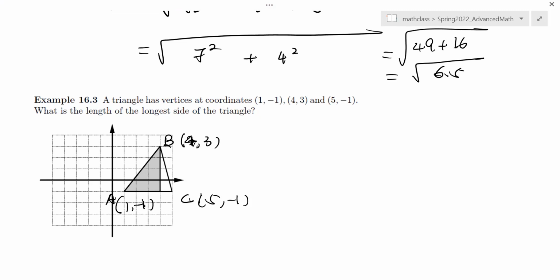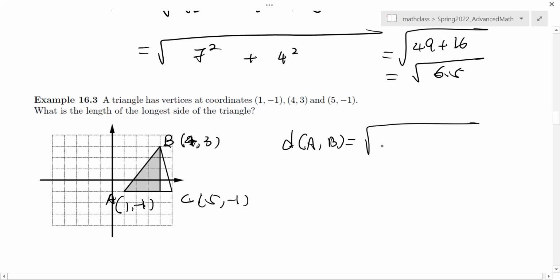If you draw the picture correctly, then you can quickly see that the distance between A and B is the longest one. The distance between A and B is the square root of the difference of the x coordinates squared plus the difference of the y coordinates squared. So it's going to be 3 squared plus 4 squared, which is 5.